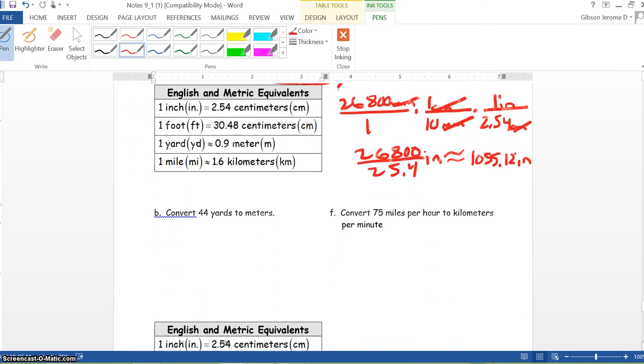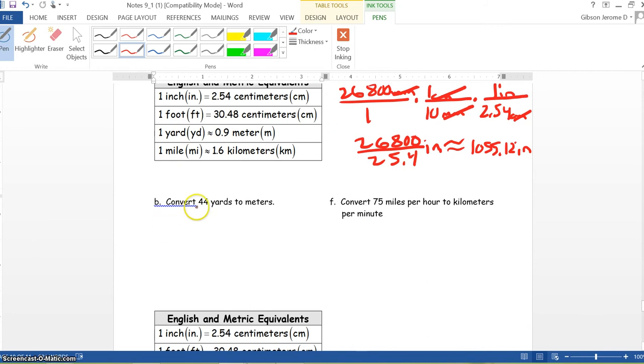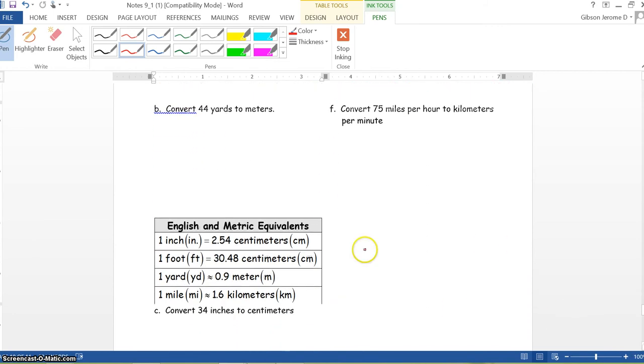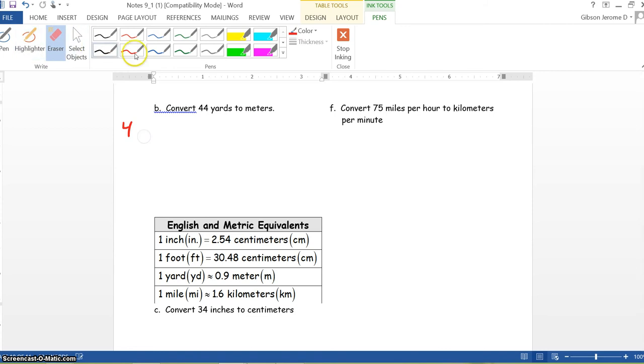Now, we go down here to B, using the same chart. It says convert 44 yards to meters. So we will have our 44 yards. So we want to convert that to meters. So now we look here. We have yards to meters.